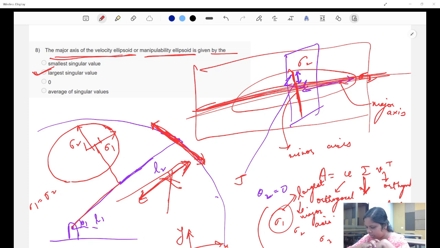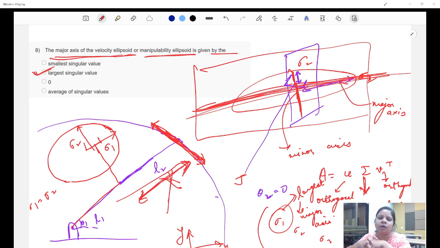SVD is important, that is for sure, because we want to find out what the singular values are, and the singular values have to be taken out. So you'll have the singularity problem when you are dealing with J inverse, right?